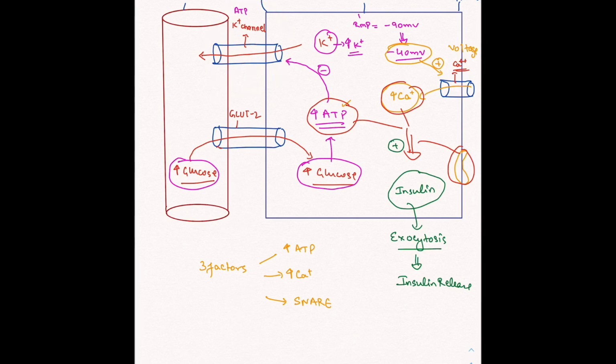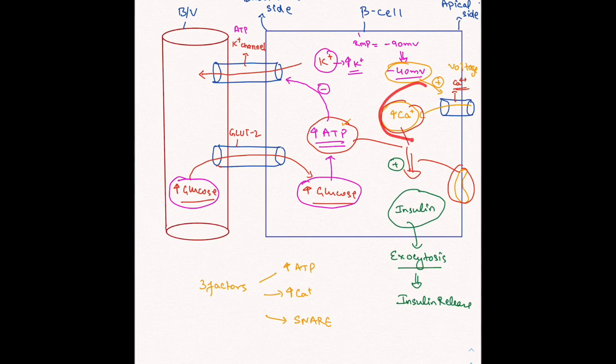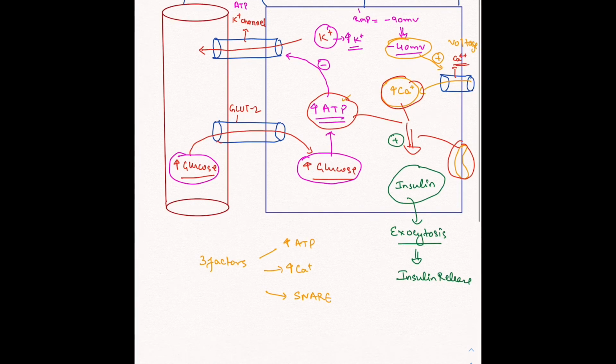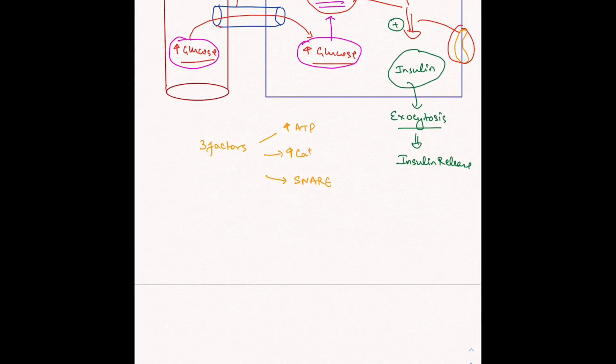The third one is the opening of the voltage sensitive calcium channels, and the fourth one is exocytosis of insulin. So these are the four steps required for insulin release.